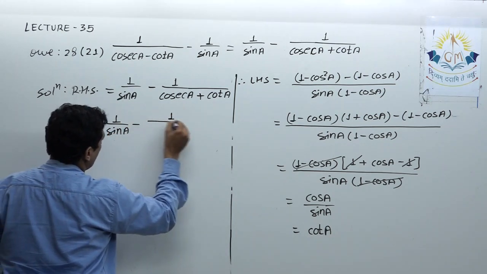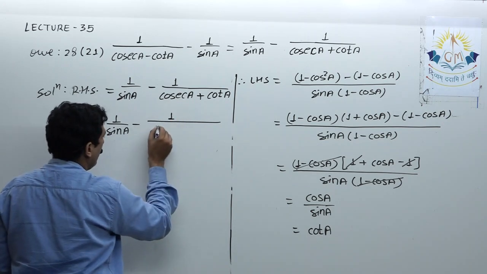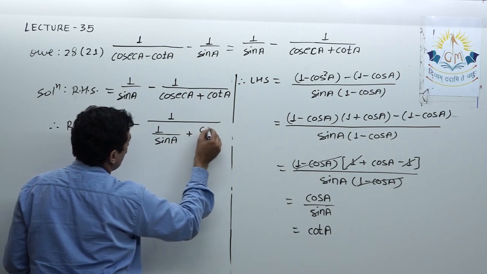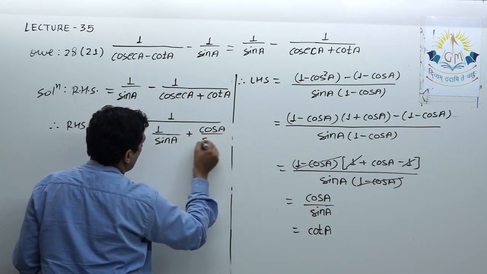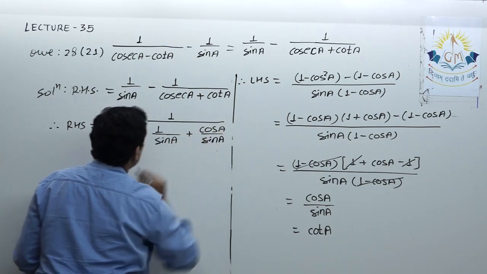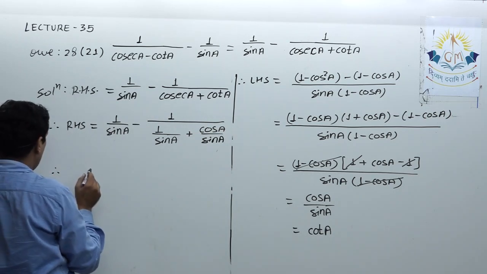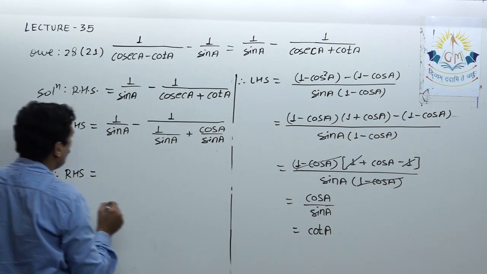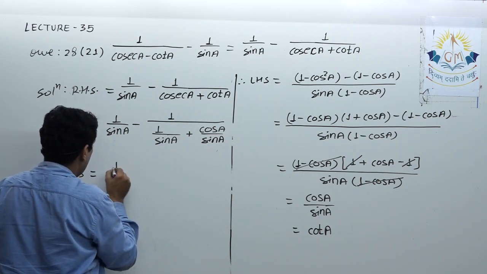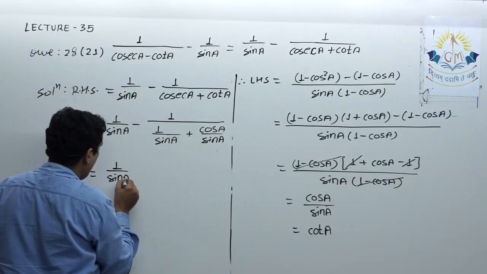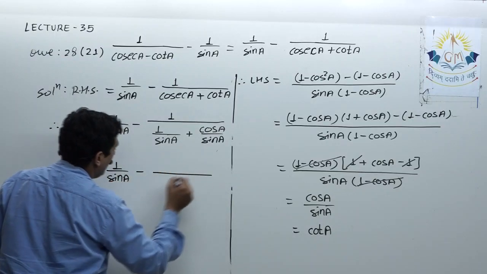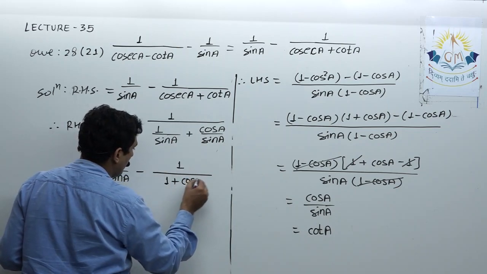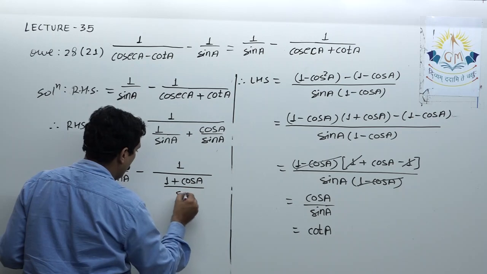Now over here I convert this cosec a as 1 upon sin a, and this plus cos a upon sin a. Okay, therefore I can write RHS is equal to, here it remains 1 upon sin a only, and over here if I take the LCM as sin a, I will get 1 plus cos a upon sin a.